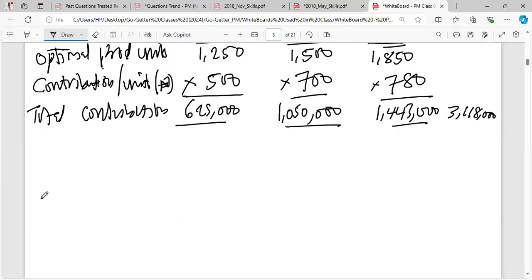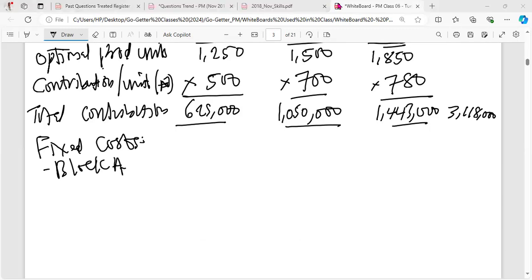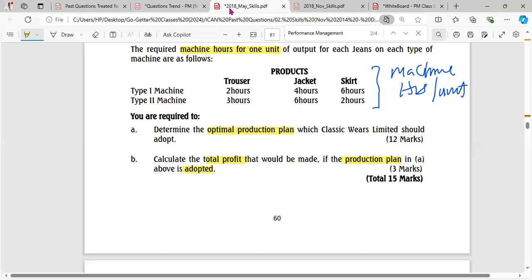Then we have our fixed costs. We have block A. What is the fixed cost for block A?